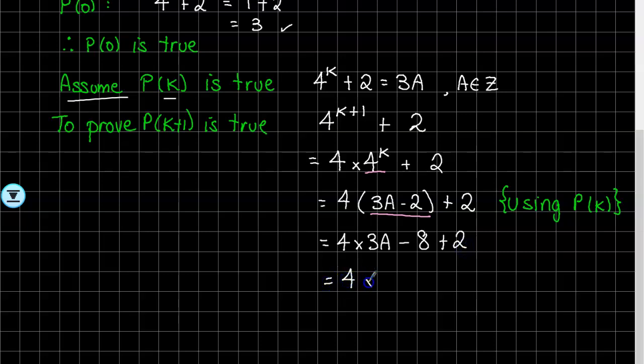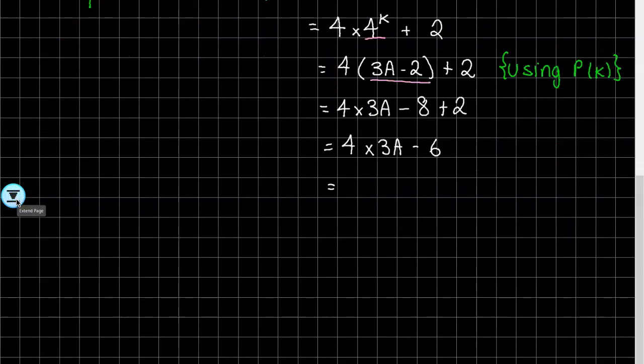Hopefully you're getting a little bit excited at this point. Because what can you now do? Remember what you're trying to do? You're trying to prove that it's divisible by 3, which means you eventually want to say it's 3 times something. So can you pull out a factor of 3? Yeah. It means it's 4a take 6, right?